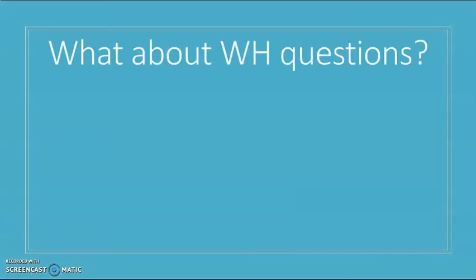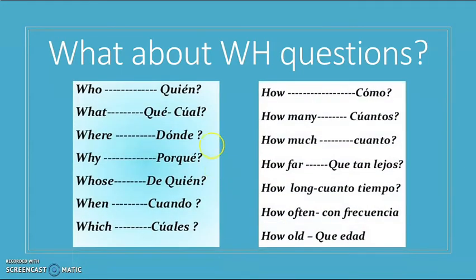What about the WH questions? Some of them are who, what, where, why, whose, when, which, how many, how much, how far, how long, how often, and how old.